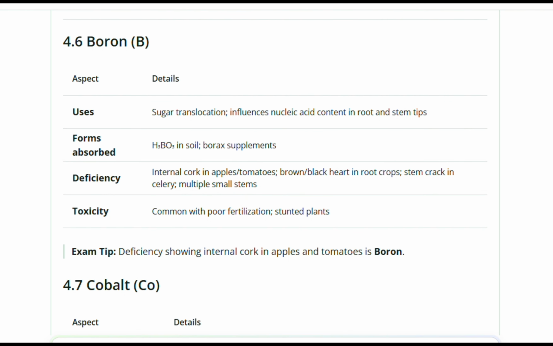What you need to note is that nitrogen and boron mostly commonly cause toxicity due to poor fertilization practices. And the exam tip: deficiency showing internal cork in apples and tomatoes is boron. We saw this exam tip before.